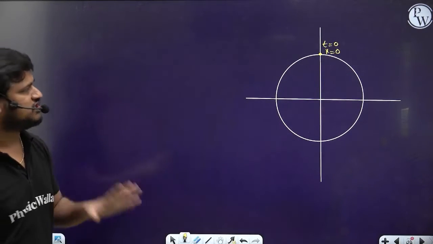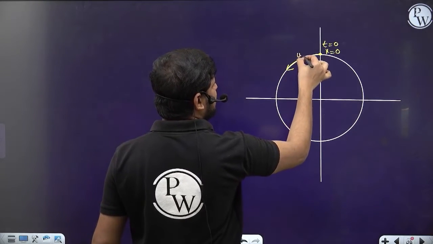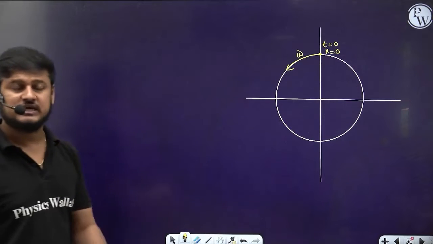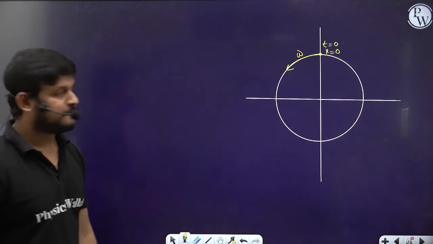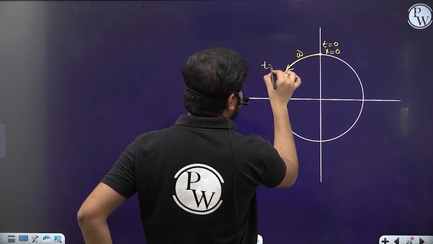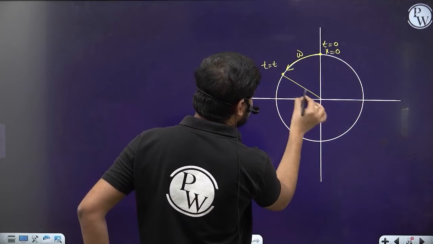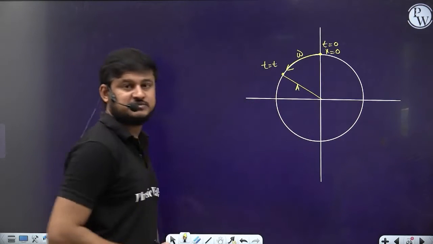Let's say the particle is moving towards this side with a uniform angular velocity omega. Then at some time t, the particle has reached this point. So this will be the maximum displacement, a, let's consider.